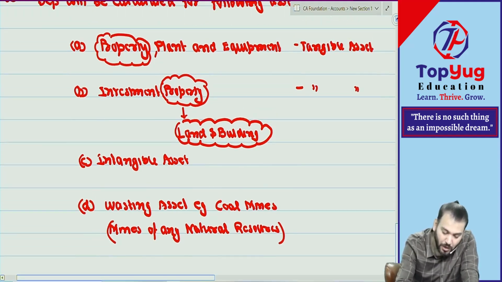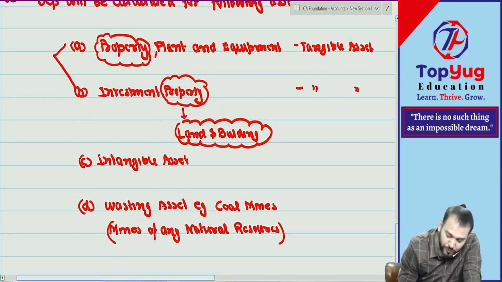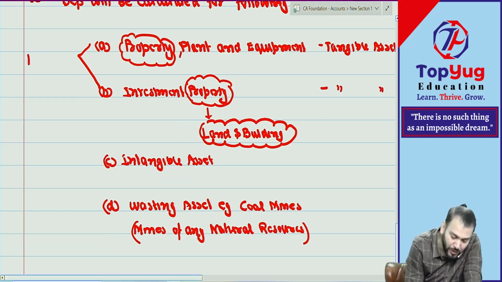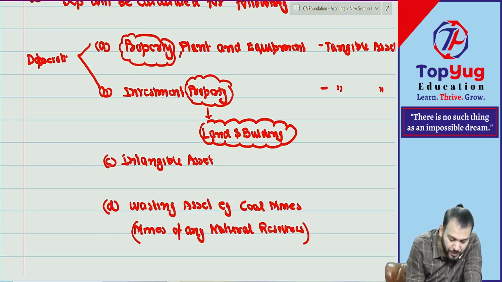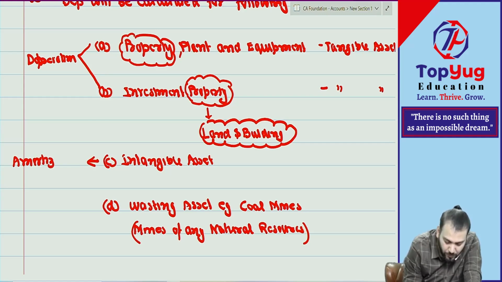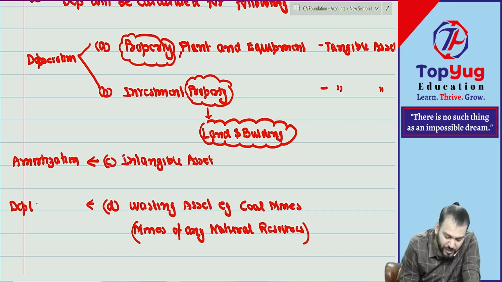Correct. Now for A and B, which term do we use? Depreciation. For C, what do we say? Amortization. And for D we call it depletion. Understood?